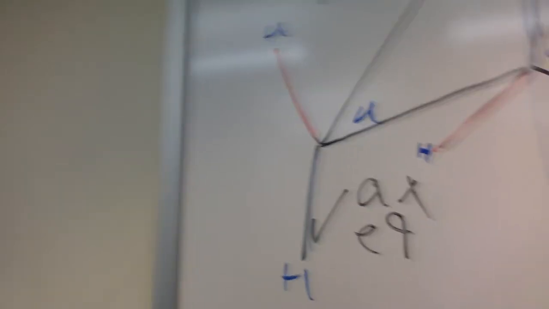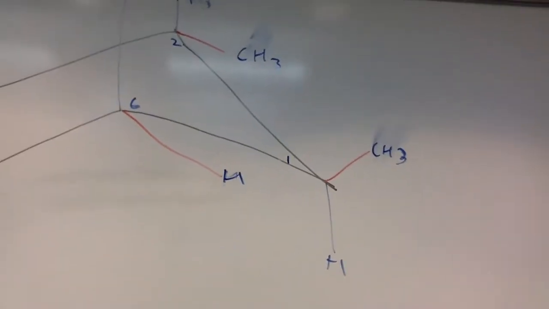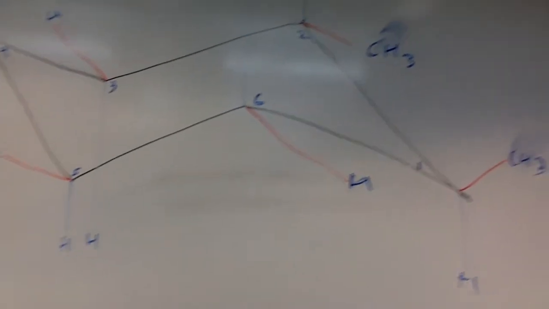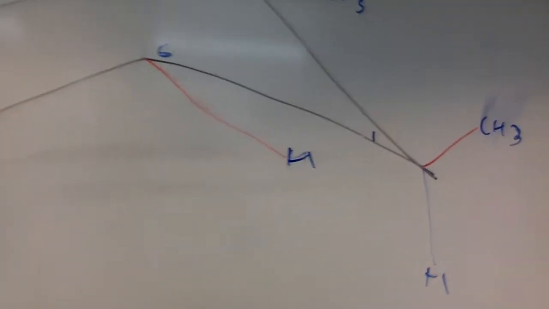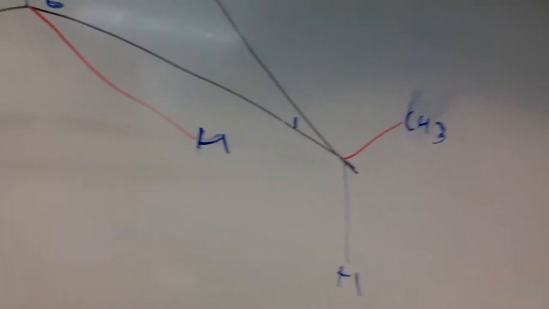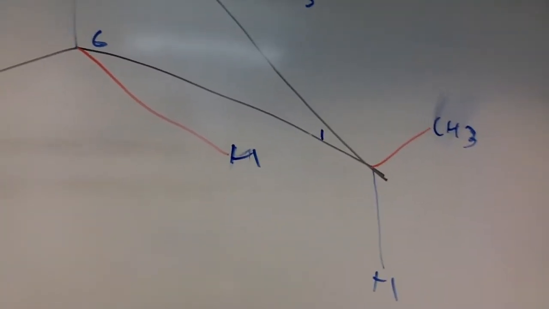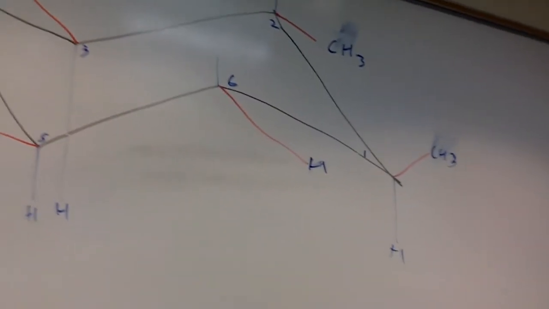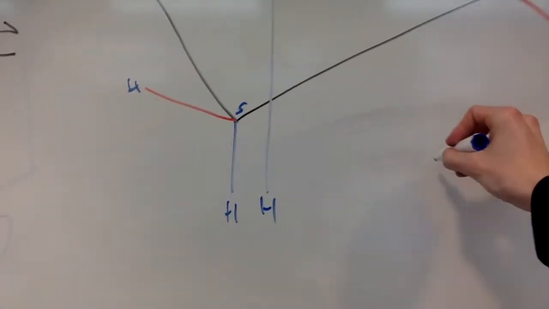That's why axial is not very stable, and it's much better to have the bulkier substituent in an equatorial position, because although it doesn't look like it, these methyl groups are not repelling each other. I know it doesn't really look like that, but just remember as a rule of thumb that this one is going to be more stable.